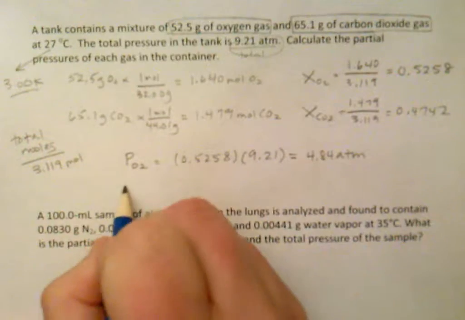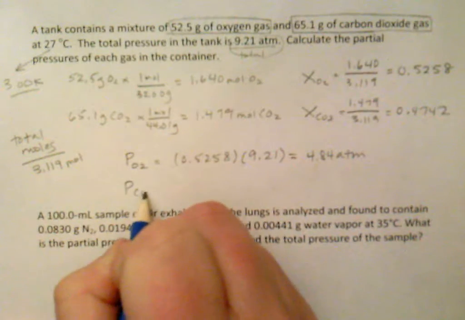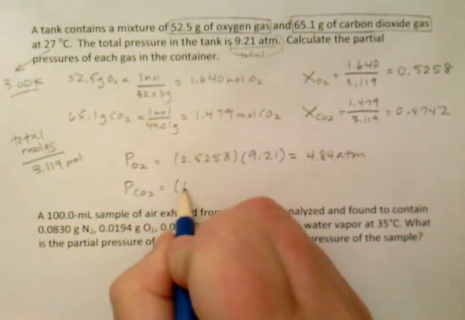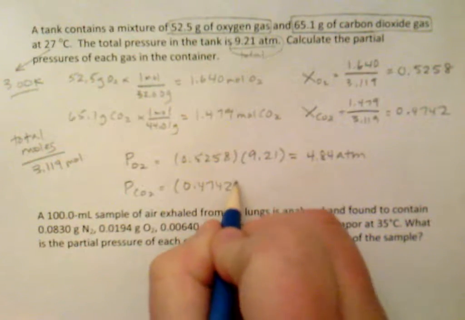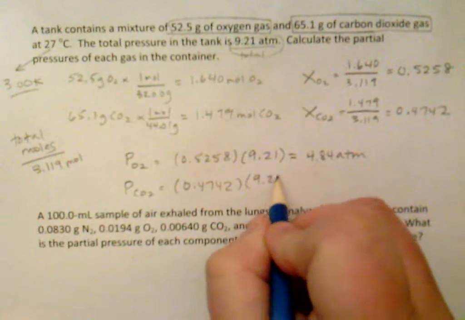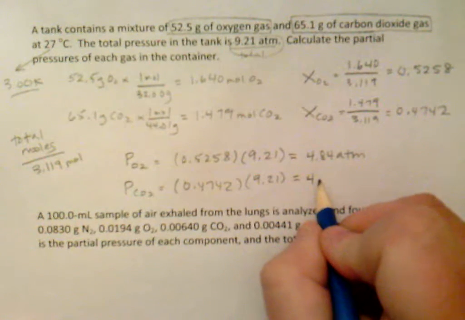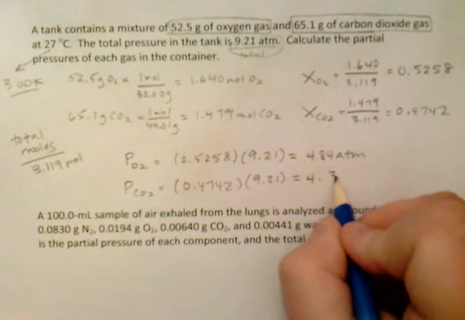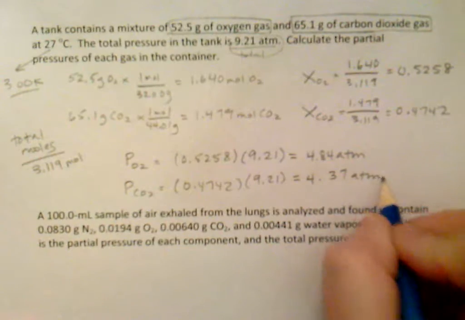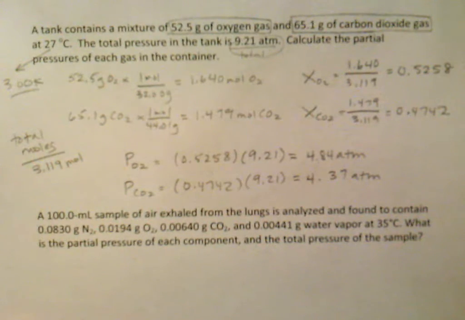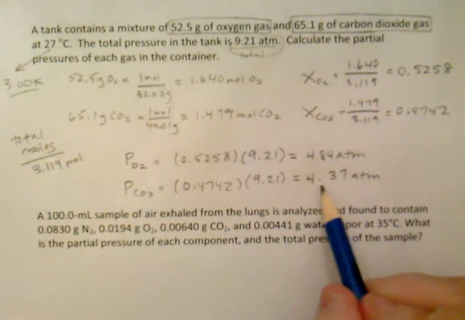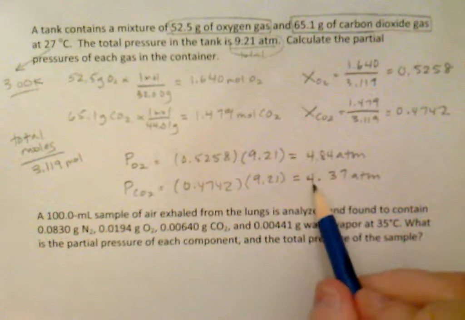And the partial pressure of CO2 is going to be the mole fraction times the total pressure. And this gives us 4.37 atms.